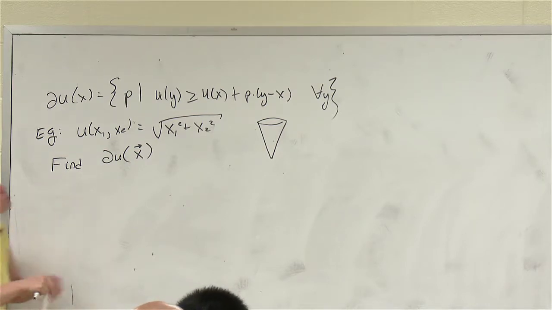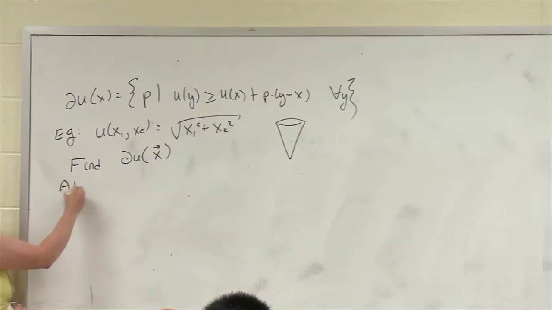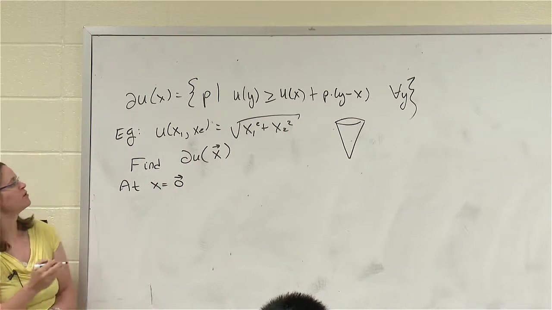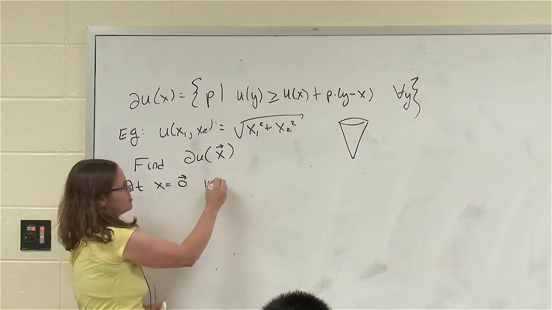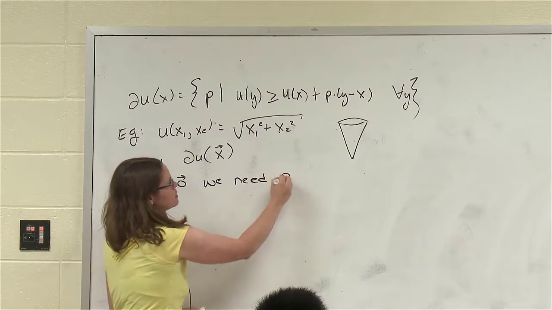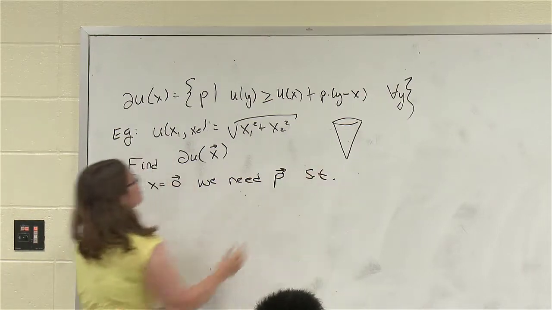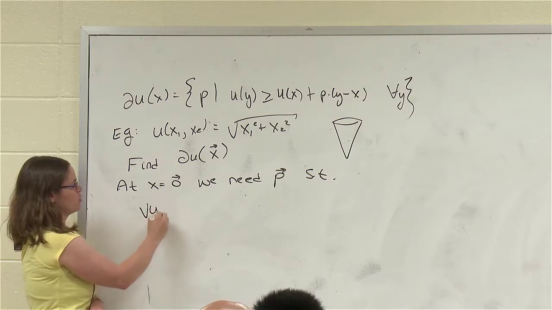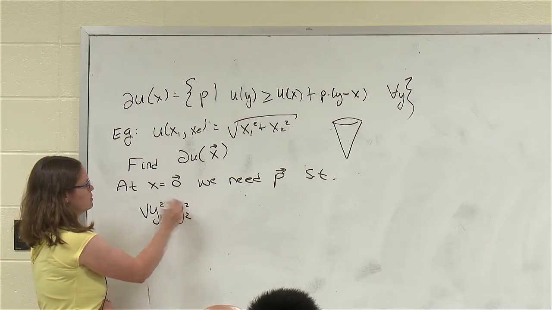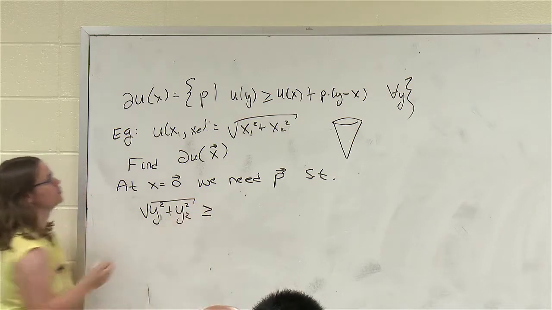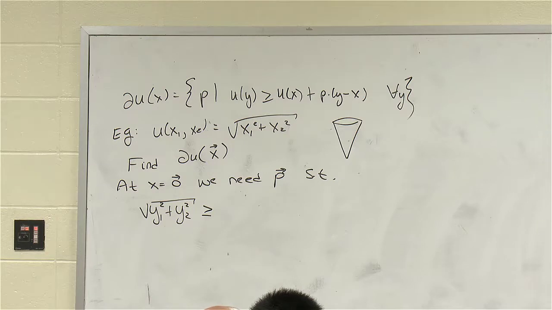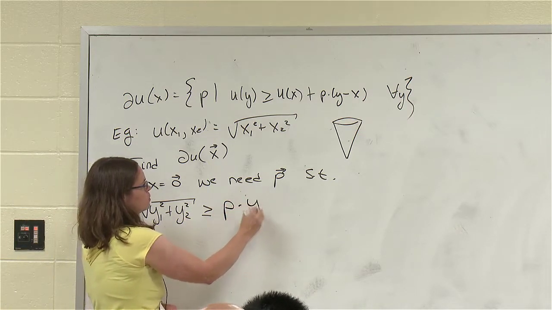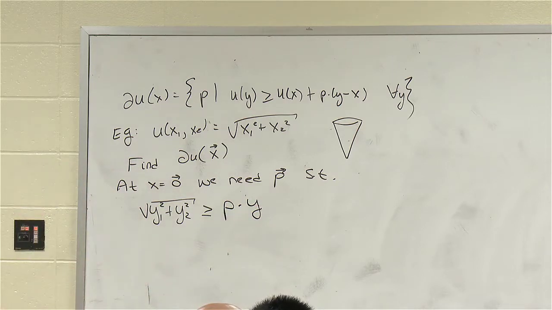Okay, so let's write down the definition. We're sitting at x equals 0, the origin, where the tricky things are going to happen. And we need to find p such that u of y, so that's root y1 squared plus y2 squared, is greater than or equal to u of x, which is 0, plus p dot y minus x, x is 0.